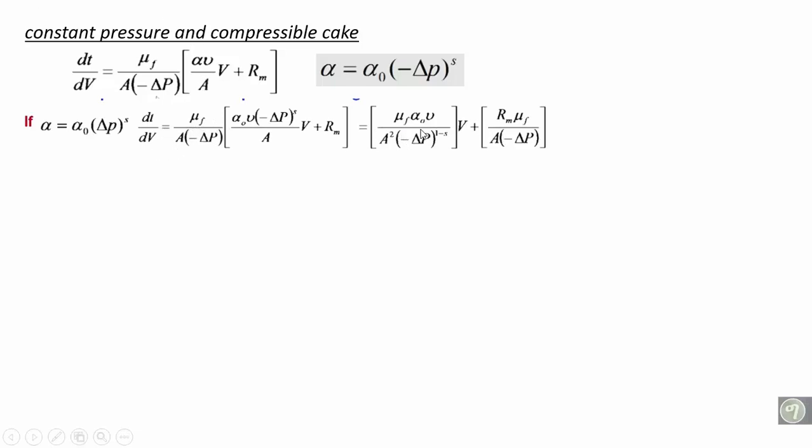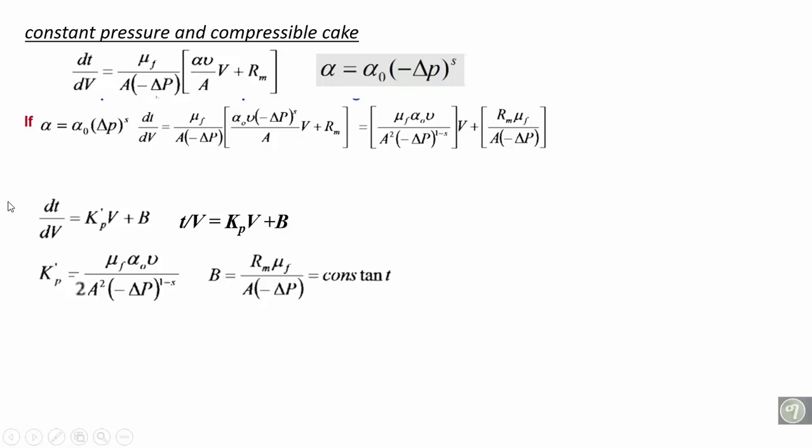When you substitute this value here, finally you will find such an equation. dt over dv will be this equation. This value is some constant plus another constant, so you can put it as dt over dv equals Kp V plus B. The value of Kp will be this one, and B, which is related to the Rm, the medium resistance, will be this one.